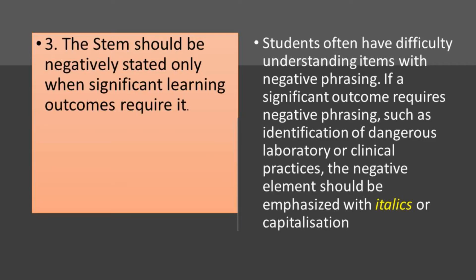Another thing you have to keep in mind while constructing the stem is that it should be negatively stated only when significant learning outcomes require it. For example, students often have difficulty understanding items with negative phrasing. If a significant outcome requires negative phrasing, such as identification of dangerous laboratory or clinical practices, the negative element should be emphasized with italics or capitalization.